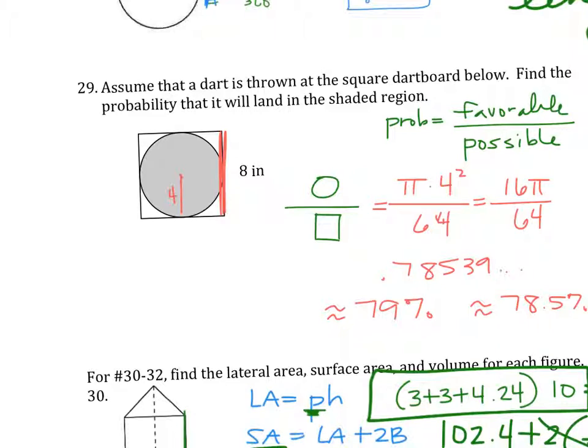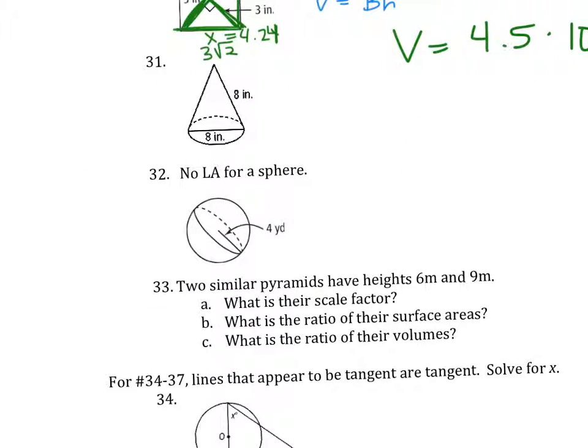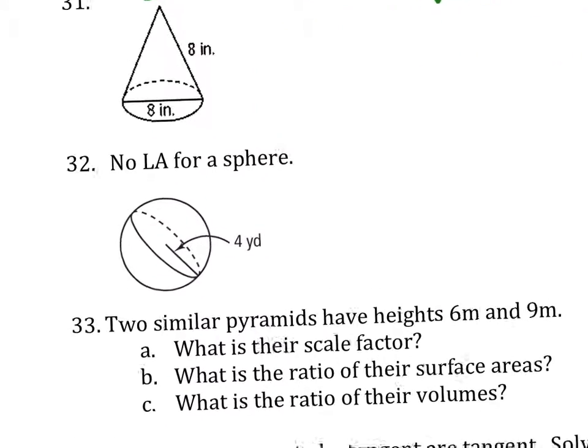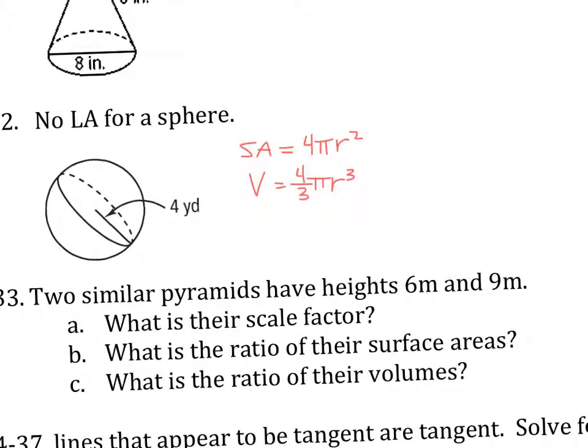Yeah, Meg. 32. Okay, so this one is a sphere, and you're finding the surface area. Do you remember the formula for that? 4 pi r squared, right? And then the volume is 4/3 pi r cubed. Again, 2 formulas that should be on that cheat sheet of yours. So 4 pi r squared, you are doing a radius of 4. So 4 times pi times the radius squared.